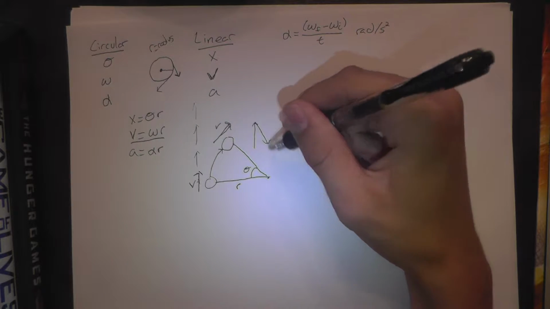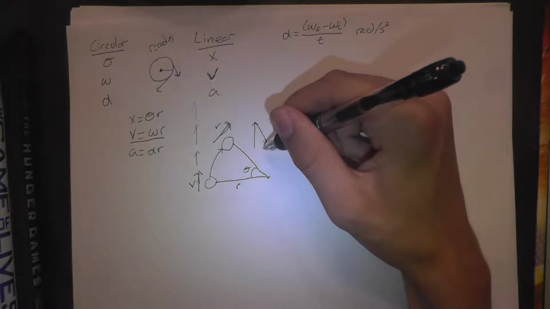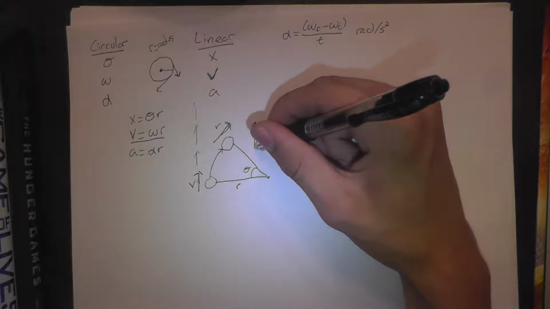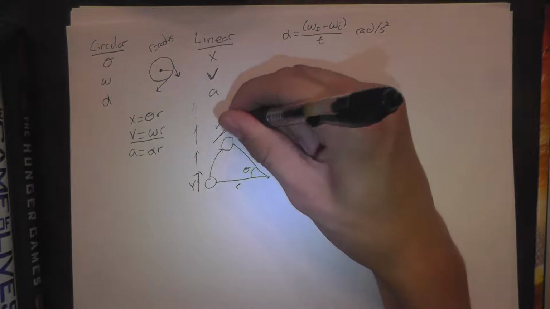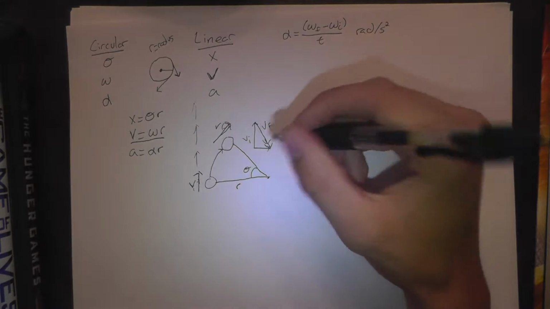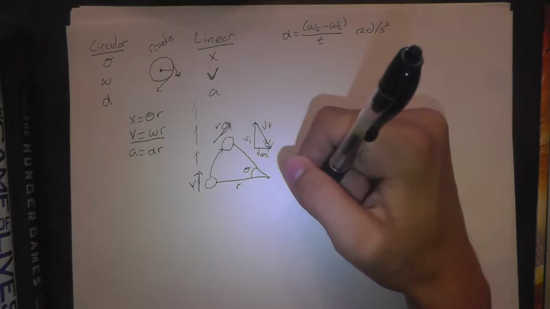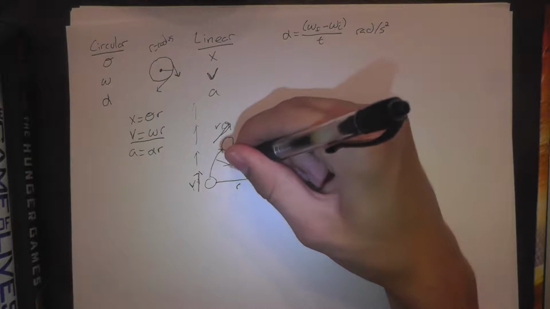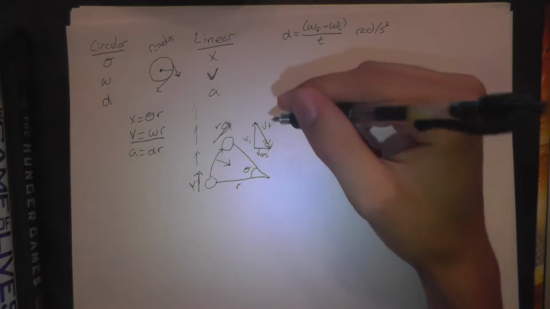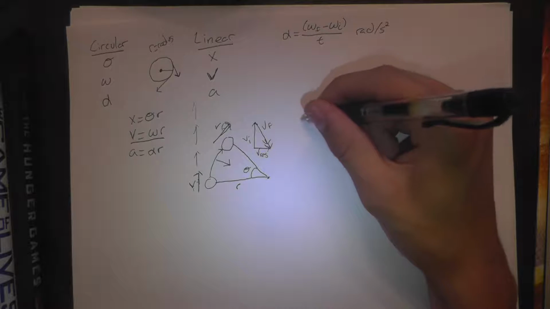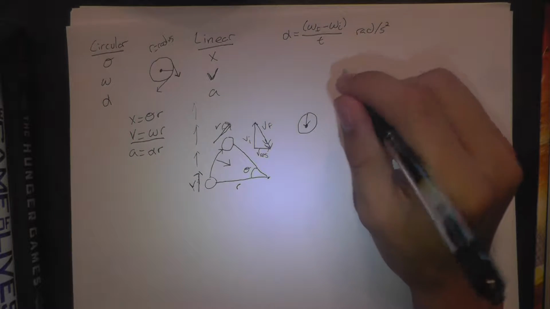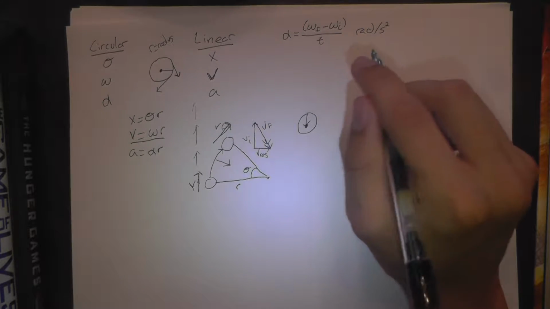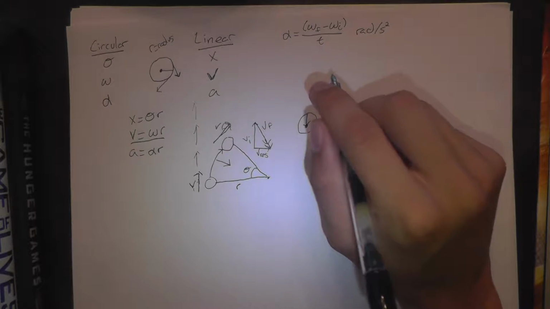You'll see that the new resultant vector here, so here's vi, vf, and here's vres, the resultant, is going to end up pointing inward. And that gives us the direction of centripetal acceleration. Centripetal acceleration always points in towards the center of your circle. Always. That is the constant direction of centripetal acceleration.